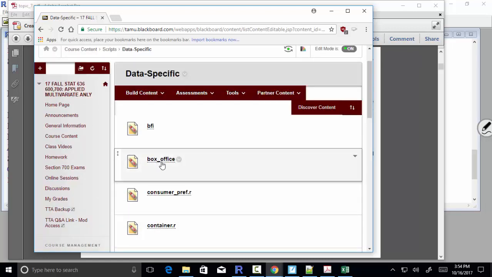I should rename this to be movies, but the box office script goes with the movies data set. Both of them have PCA examples in them. So it'd be good practice for you to look through the code that I have there and make sure you know what it's doing.